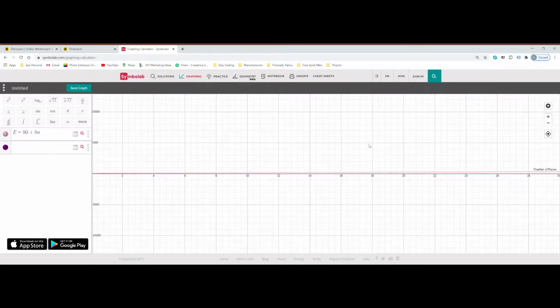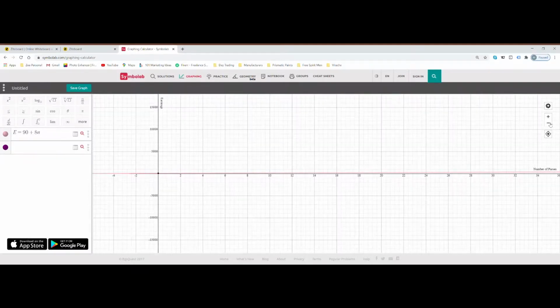So the question is the minimum x value and the max. Here it says use a calculator to display the function for 30 purses. So x, the minimum is 0 and the max is 30. And here the XSCL is the units that you're using. So here it's 2, it goes up by 2.